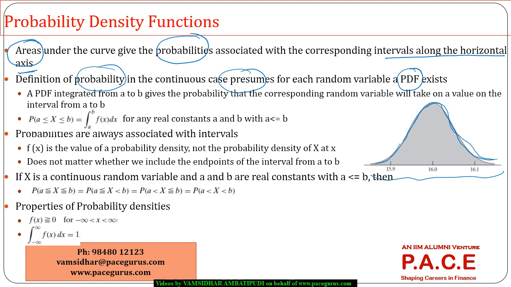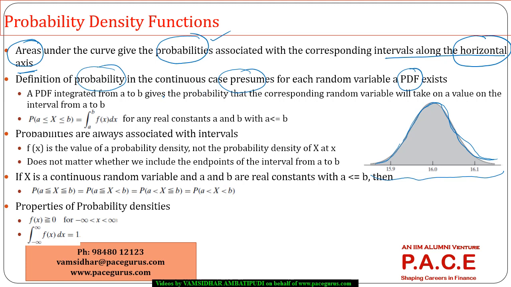I'm plotting that probability density function by taking the interval along the horizontal x-axis and the corresponding probabilities along the y-axis, giving me a smooth curve like this, and the area underneath the curve is what is associated with probabilities corresponding to that random variable.